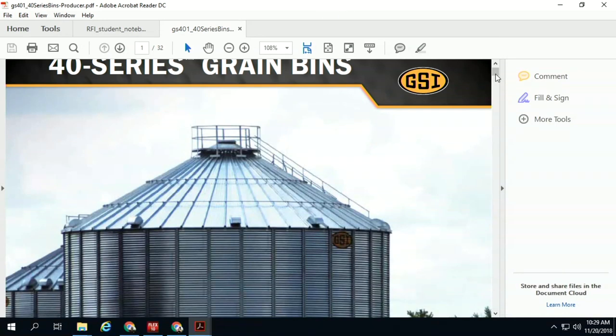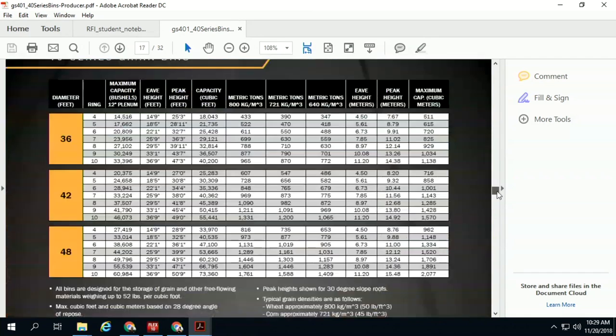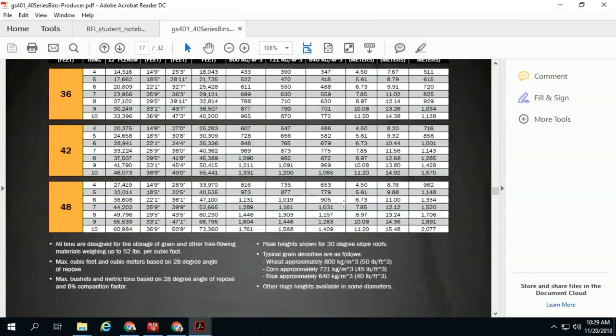So what they did is they designed these grain bins so that they are just the perfect angle. So become a farmer, because here on page 17 it says, the maximum cubic feet and cubic meters is based on a 28-degree angle of repose. So you can stack grain up to a 28-degree angle.